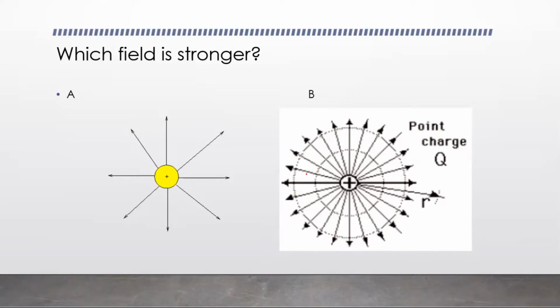For this question, the answer is letter B. You will notice that it has many field lines, which represent the field. This is an indicator that the electric field is stronger compared to letter A.